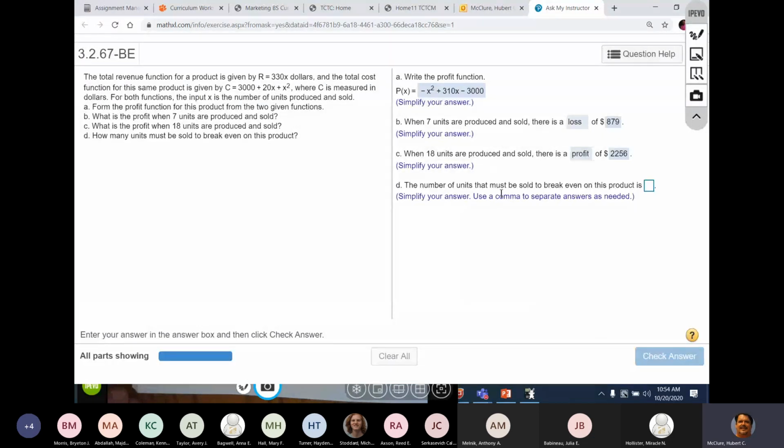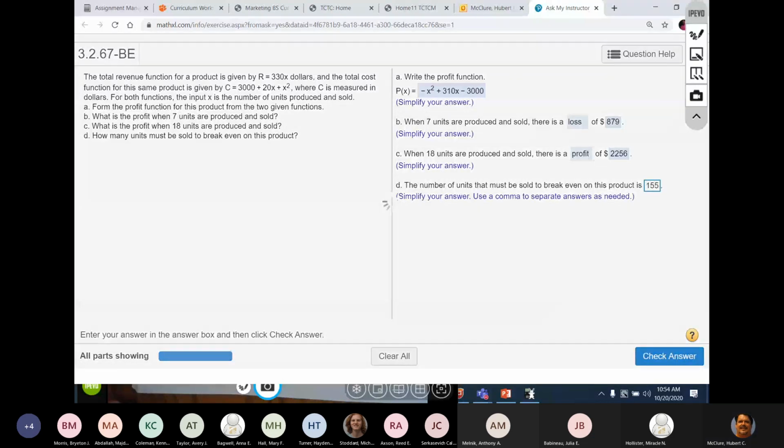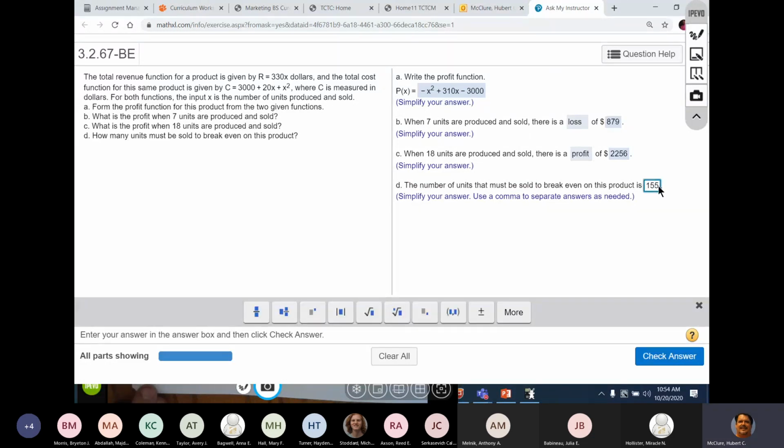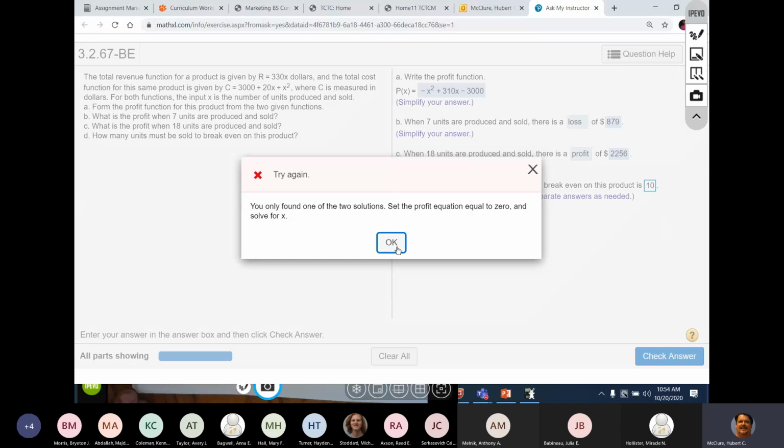And the number of units that must be sold to break even on this product, I would say 155. Unless they want you to, is it 10? Okay, set the profit equal to 0. We've got to set that equal to 0.